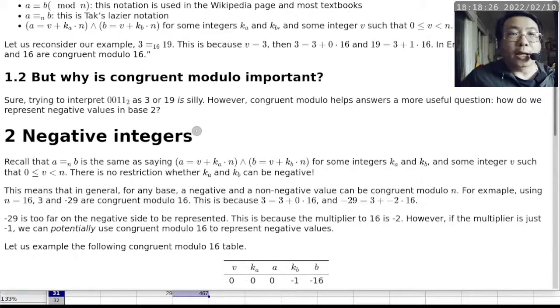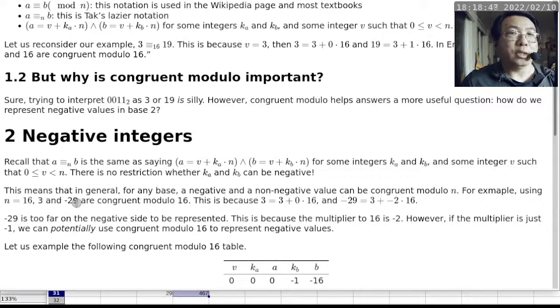So the thing is, the coefficients here, Ka and Kb, don't have to be non-negative. They can be negative. That opens up new possibilities, because in this new example, we are looking at the values 3 and negative 29.